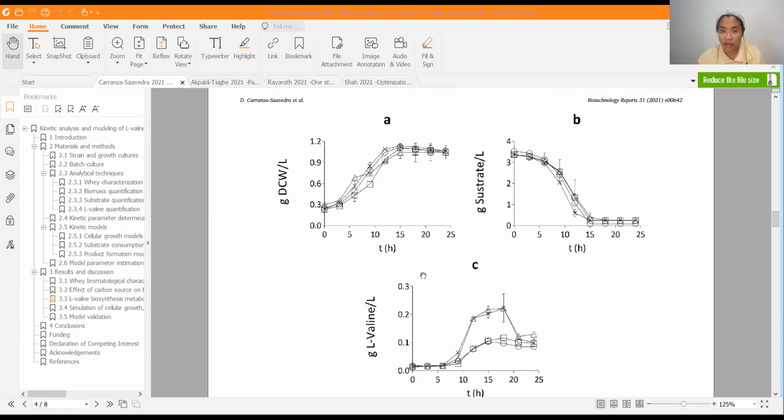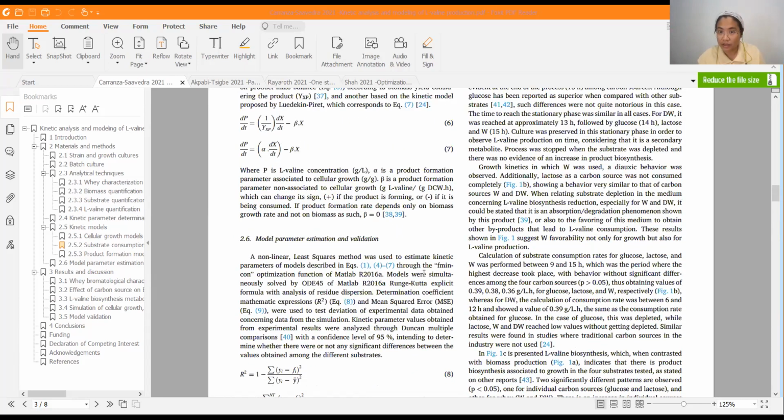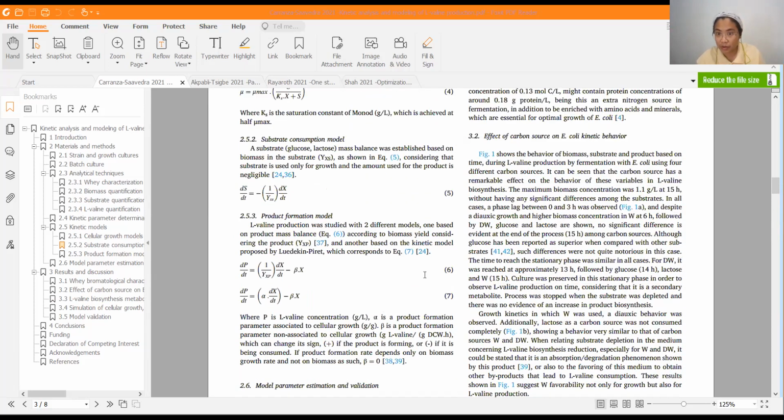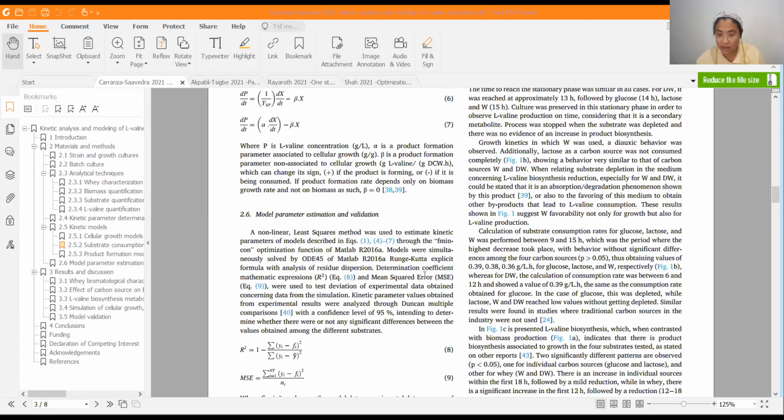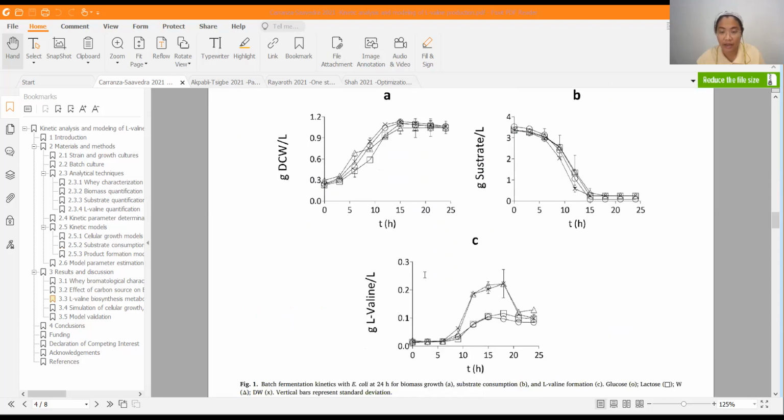So going on to the next section on the right, there's nothing there, and this is the normal thing you see with the kinetic modeling stuff. You see that they want to compare the parameter values because they are using different types of media.